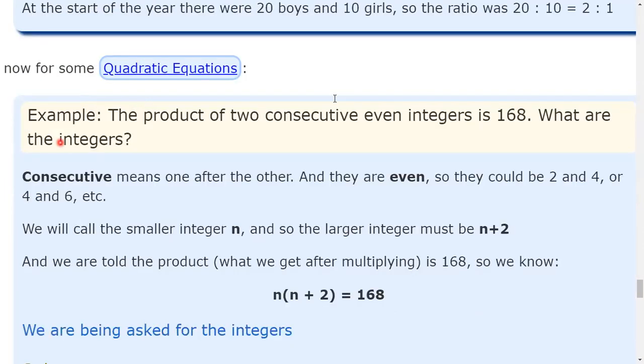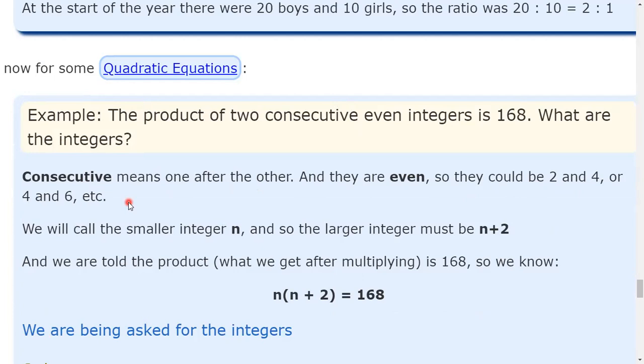Consecutive means consecutive even integers, one after the other. There is no missing, like 1, 2, 3, 4, 5, 6, 7, these are continuous. And they are even, so they could be 2 and 4, 4 and 6, 6, 8, 10, whatsoever.